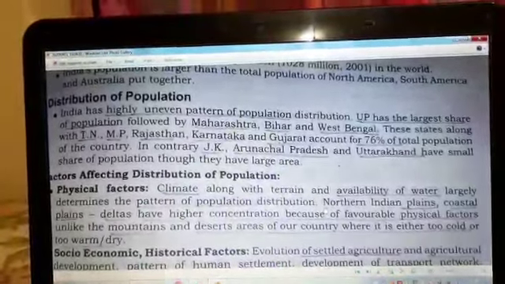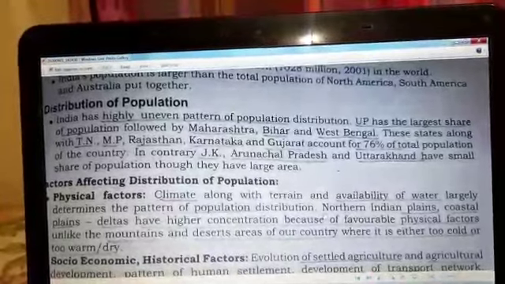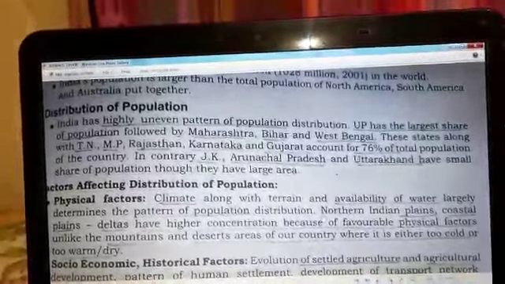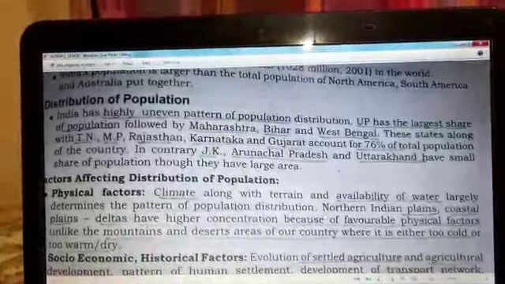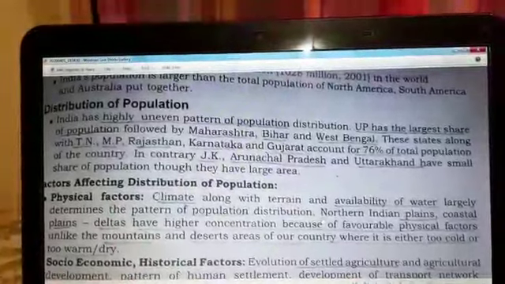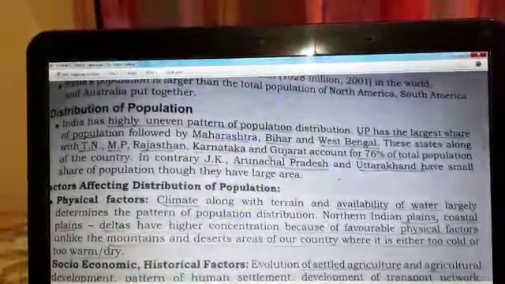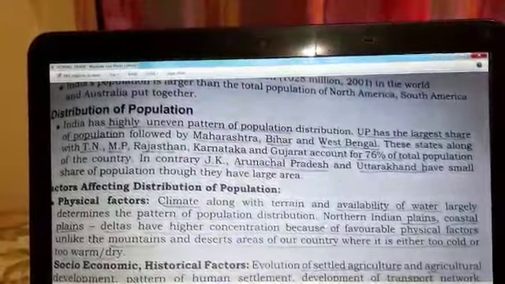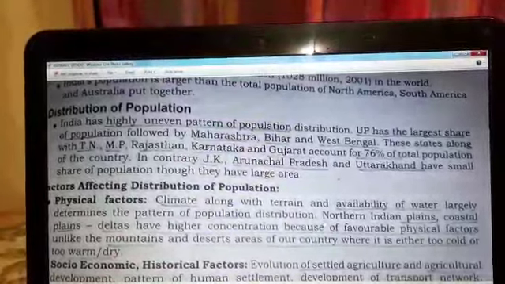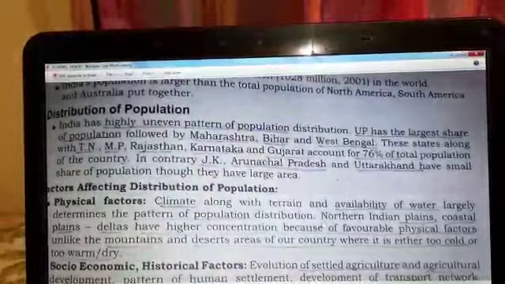That is why more dense population is living there. For example, Punjab, Haryana, Uttar Pradesh, Bihar and West Bengal. And in the coastal regions, we have Maharashtra, Gujarat, Kerala, Karnataka, right?